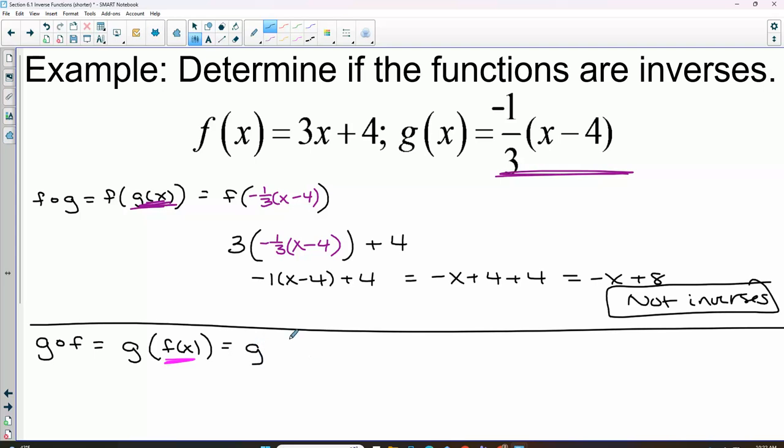So we start on the inside. F is 3x plus 4. So I'm going to function G, and I am replacing my x with 3x plus 4.